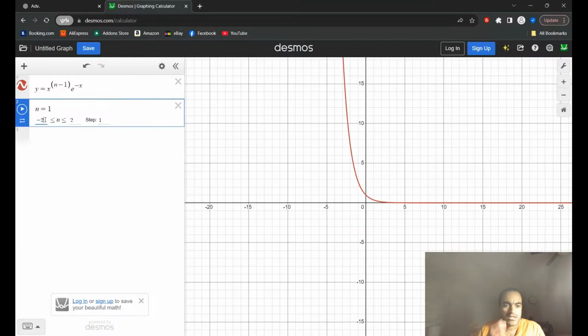So let's say I change my parameters from negative 1 to 2. Let's say there's no step. Something interesting happens. So the curve really spirals out of control.